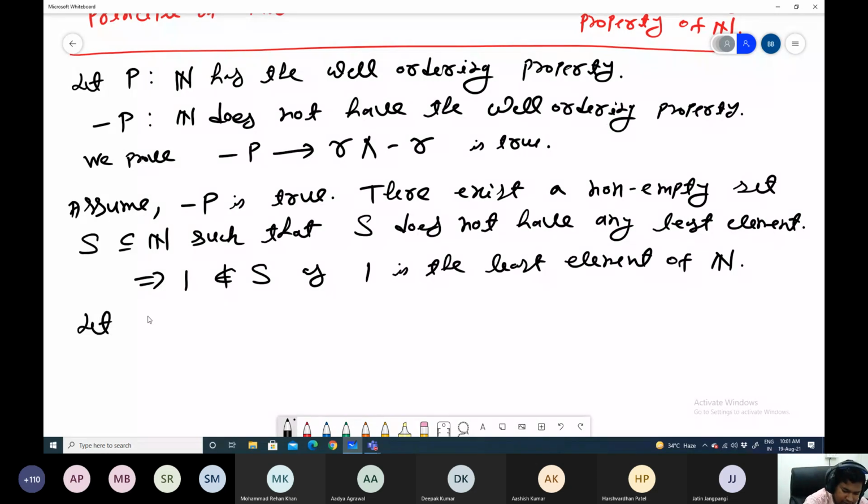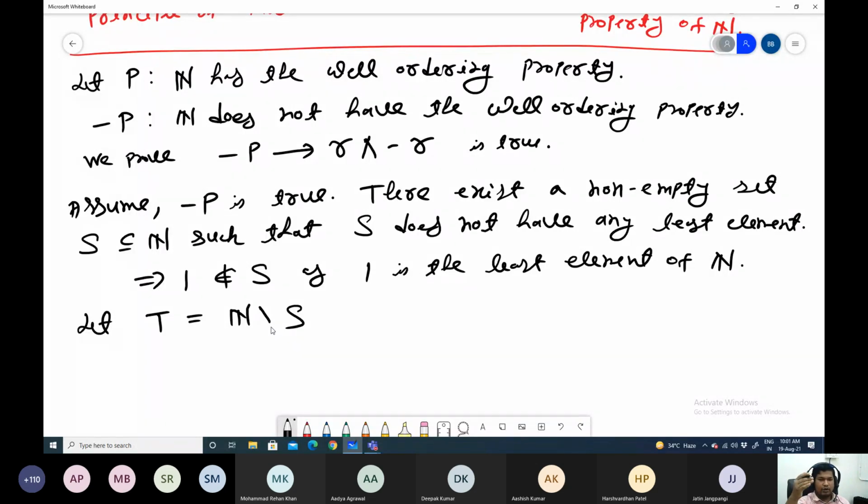Now we consider a new set T equal to N minus S. Now since that means what is N? N is T union S, right? So S and T are complements of each other in the set of natural numbers.